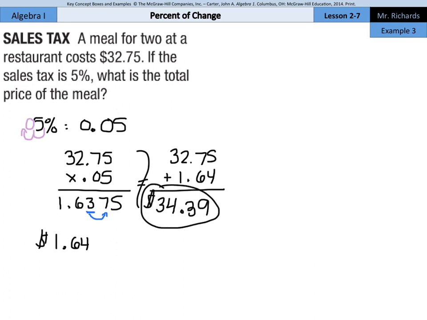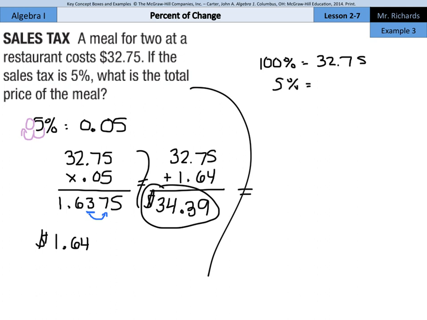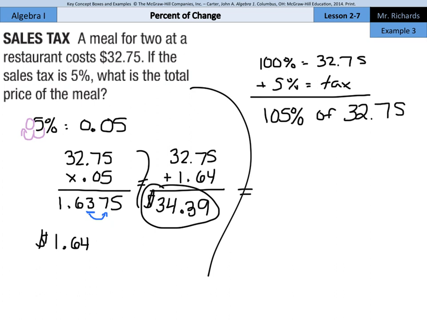That's just one way of solving. Now, 100% of your meal is equal to $32.75. 5% of your meal, we don't know, but that's the tax. So if I were to add the 100 with the 5, I'm going to end up paying 105% of $32.75.